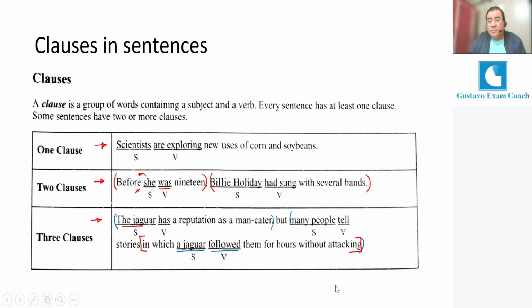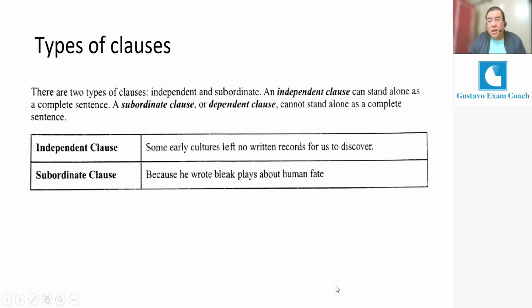So let's now see another concept, which we just got an intuition for from the previous examples. There are two types of clauses in written English sentences: independent clauses and subordinate clauses. An independent clause can stand alone as a complete sentence, as we saw in the examples before. But a subordinate clause, or dependent clause, cannot stand alone as a complete sentence.